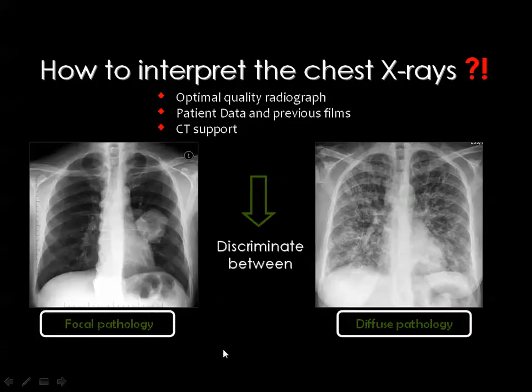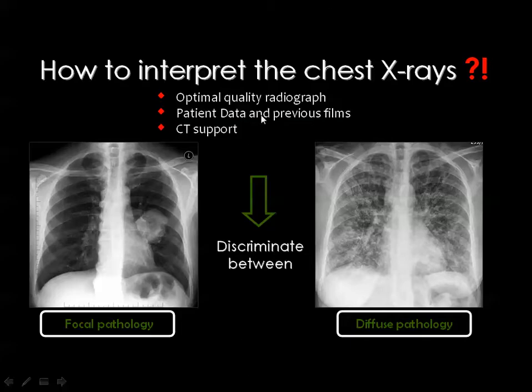Then, by this introduction, we are now able to try to interpret the chest X-ray. What to do? Number one, put the chest X-ray on the viewer and ensure optimal quality radiograph. How? The exposure factors, the level of the diaphragm, and the centralization of the patient.